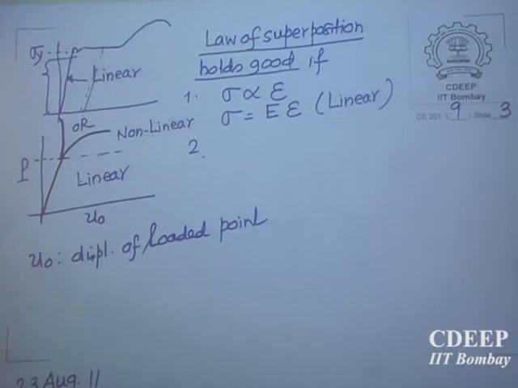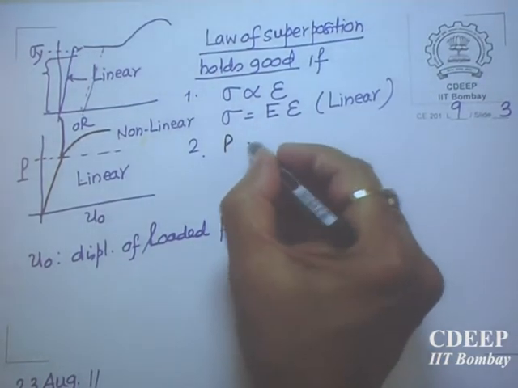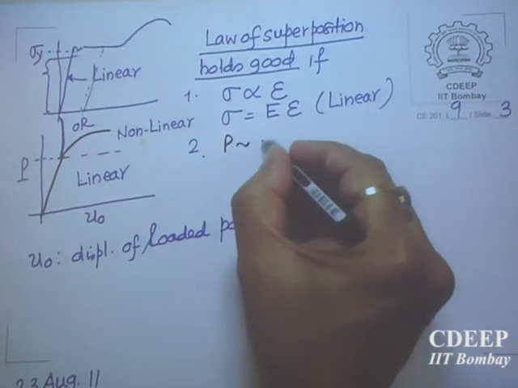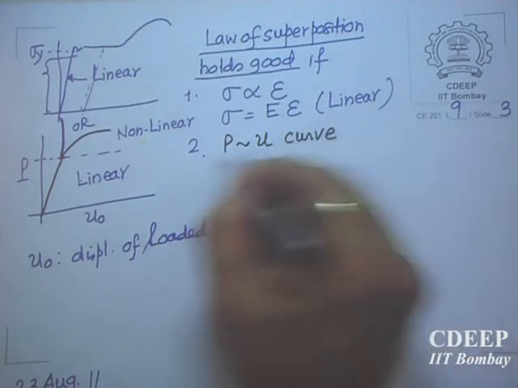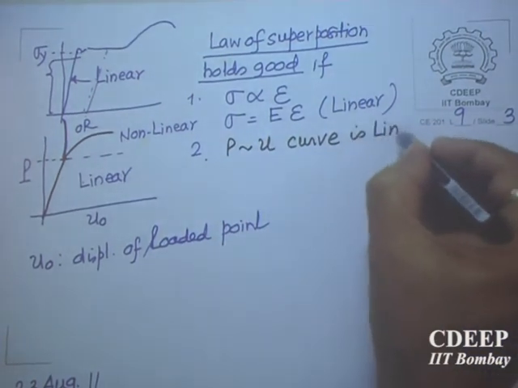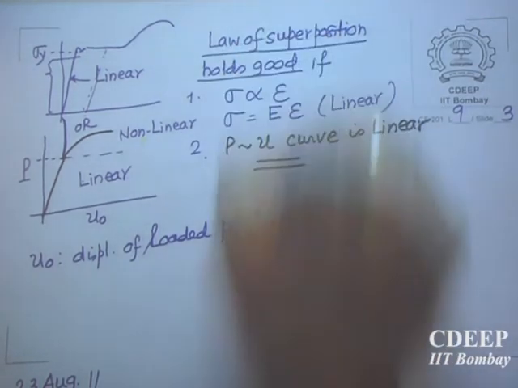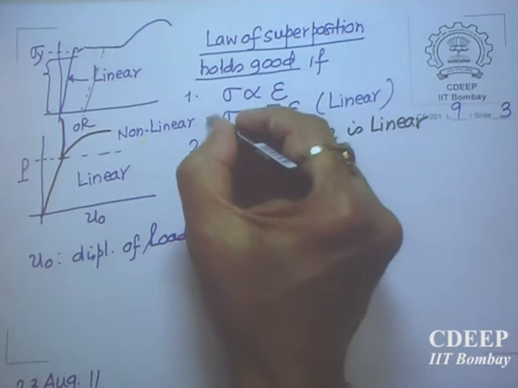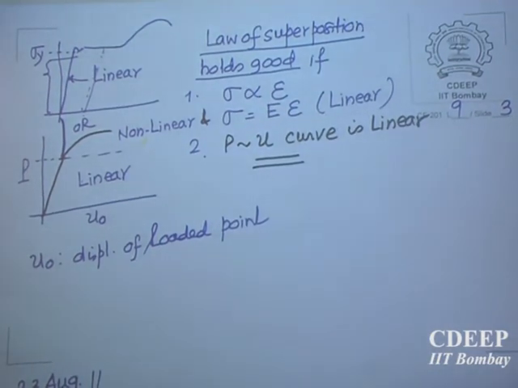So I am saying that the P versus delta curve, P versus U curve, is linear only if both conditions hold. So material also has come, load also has come.